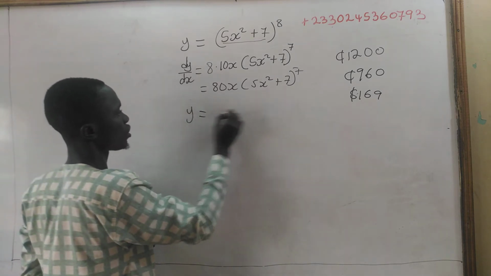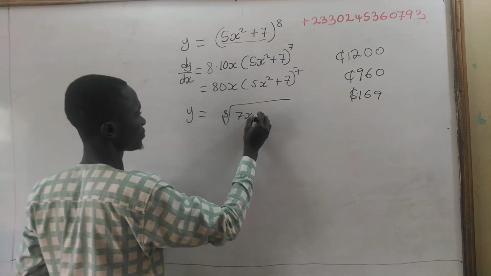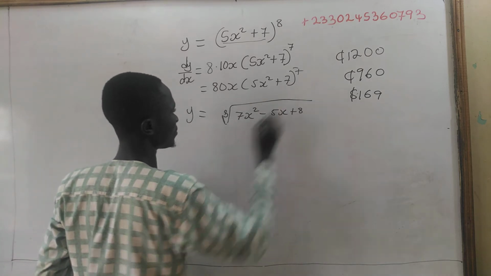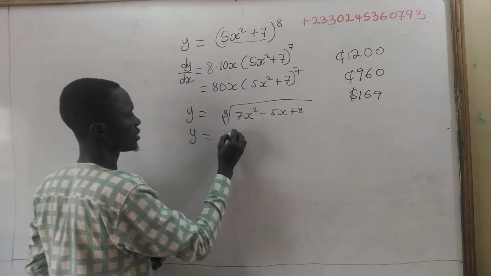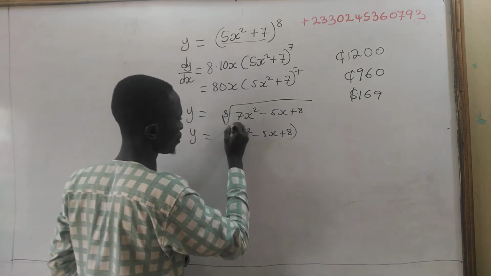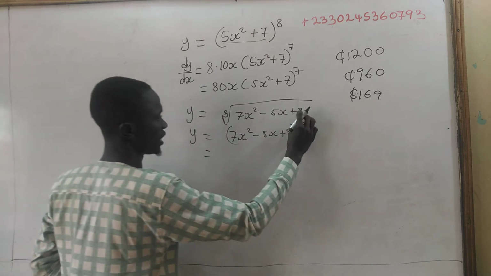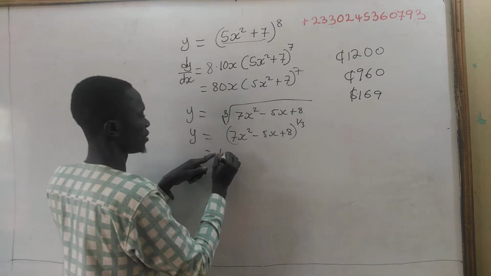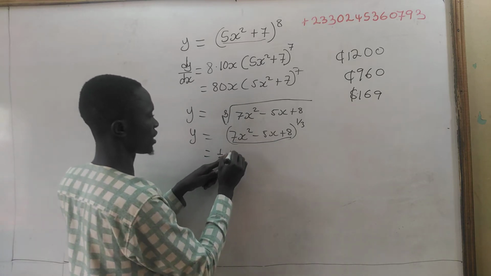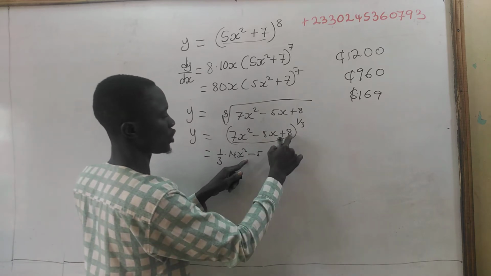Let's see this one. If I have y equal to, let's say, the cube root of 7x squared minus 5x plus 8. You know that this is the same as 7x squared minus 5x plus 8 all to the power 1 out of 3. So what do you do? You bring the 1 out of 3 here, times, then differentiate what is inside. So this one gives us 14x, this one gives us minus 5, this one will be 0.